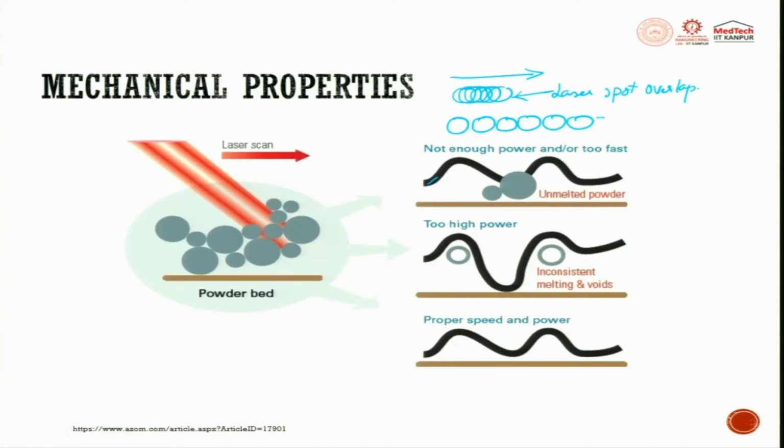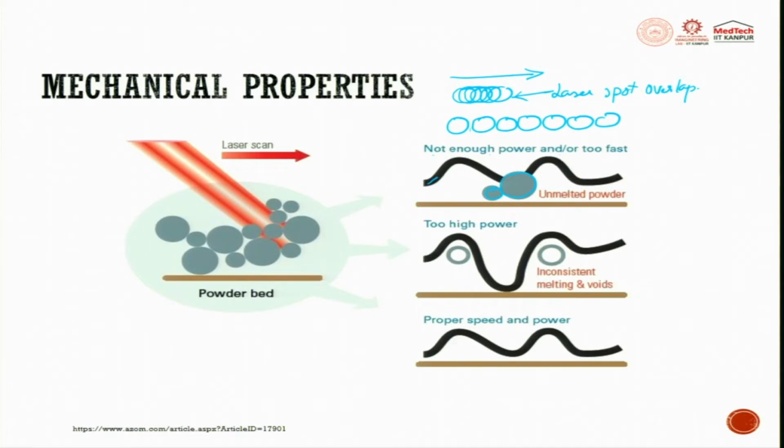You will see jumping, and in between you can have layers of metal powder which are not even molten. So here you have not enough power and too fast a movement, and you can see unmelted powder particles present.